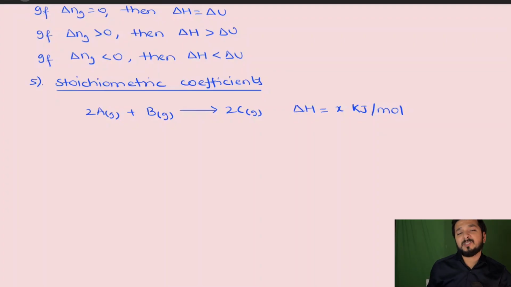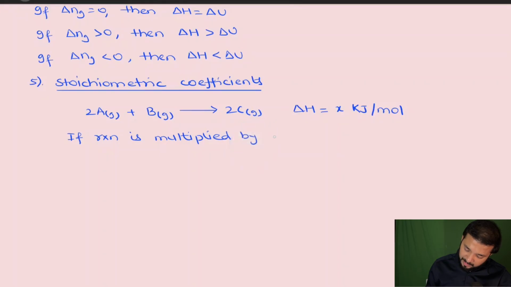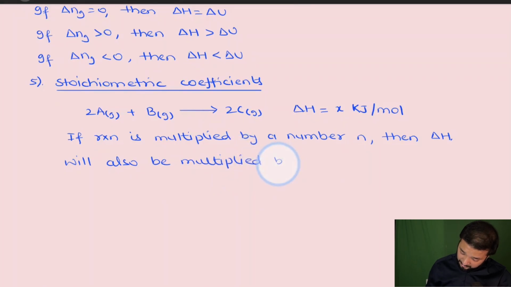Now, if this reaction is multiplied by any number, let's say N, then delta H will also be multiplied by N. For example, if I write the same, we'll get 2N A gas plus N times B gas giving us 2N times C gas.